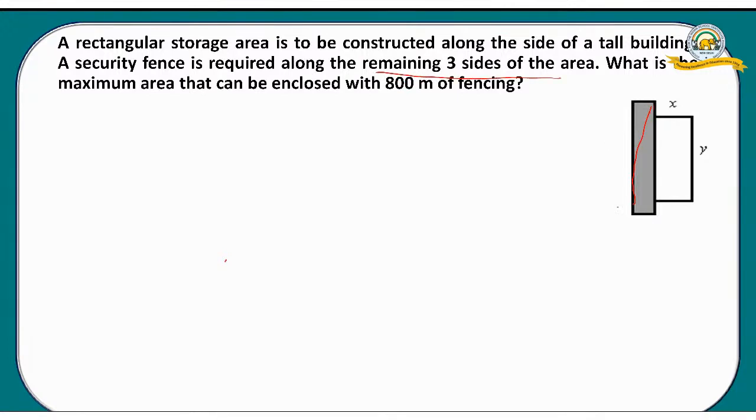Now what is the maximum area that can be enclosed with 800 meters of fencing? Whenever a word problem is given, you need to identify first what is the function. So what is the maximum area? That means the area is the function in this case, because you need to find the maximum area.